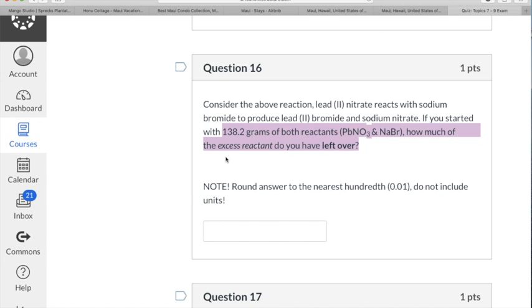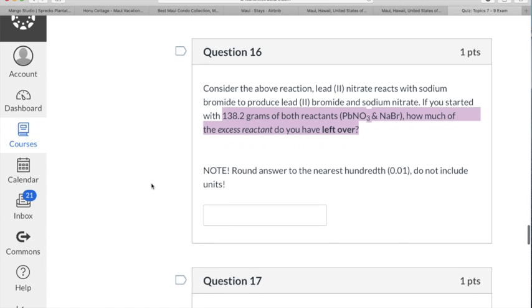So this is a little bit different number. It's not 100 grams, it's 138.2 grams. So I need to rework this real quick. This is the same exact equation I just had, but I will stick back in 138.2. I know that's going to be my excess reagent, would be my sodium bromide, so that's all I got to do.